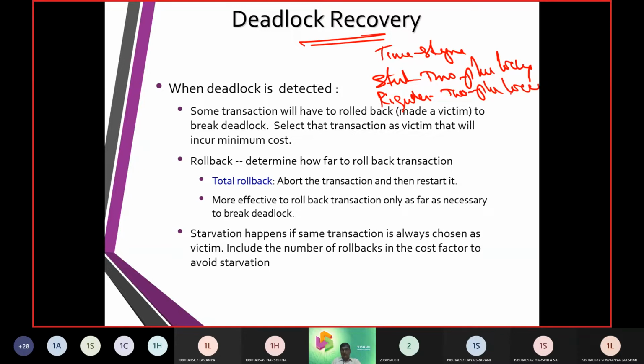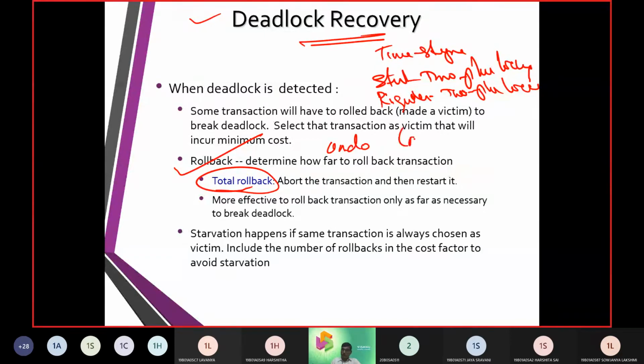We made all these entities. Now, are there any other ways where we can go with deadlock recovery? Yes, you can go with a word called rollback. Then we can do an undo operation. So we go with the rollback.